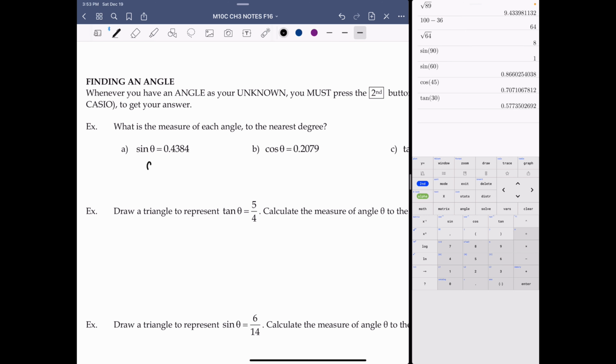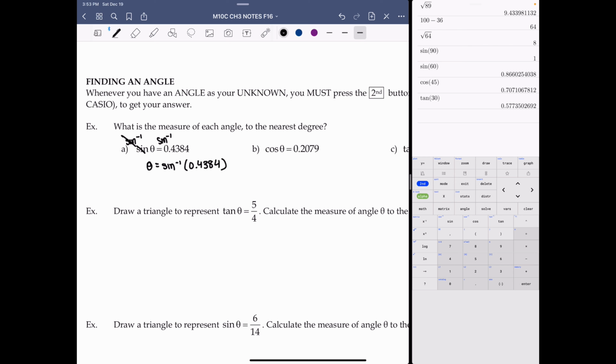So we do sine inverse on both sides, sine to the power of negative 1. And remember, opposite operations undo each other. So sine inverse and sine cancel each other out.